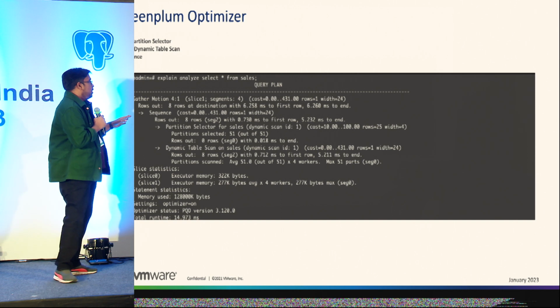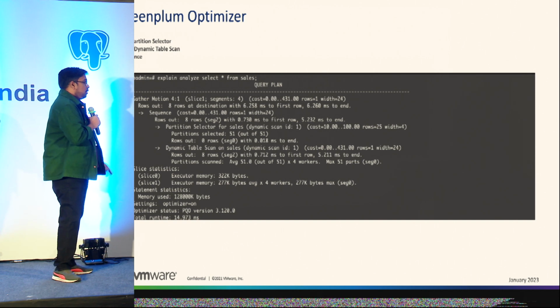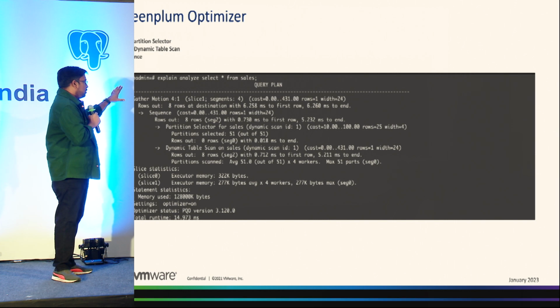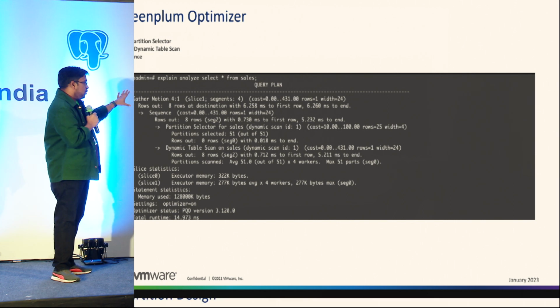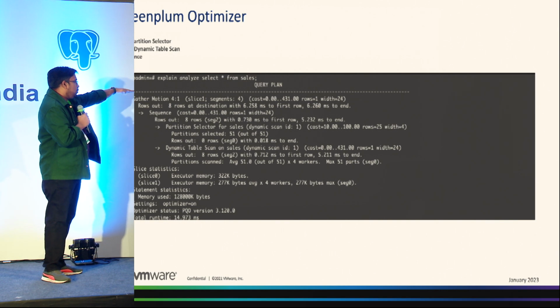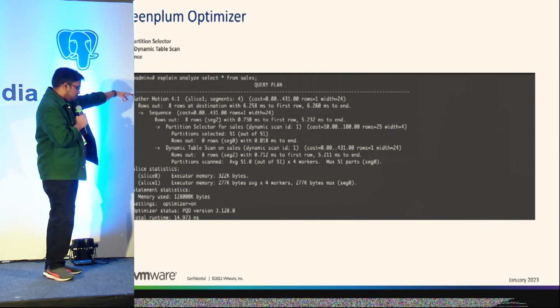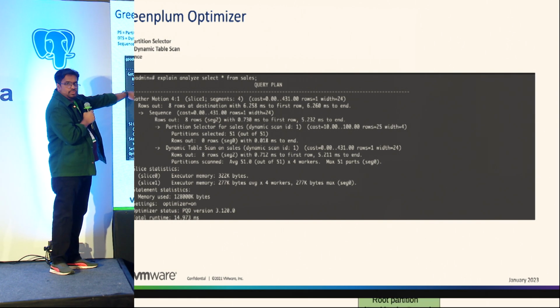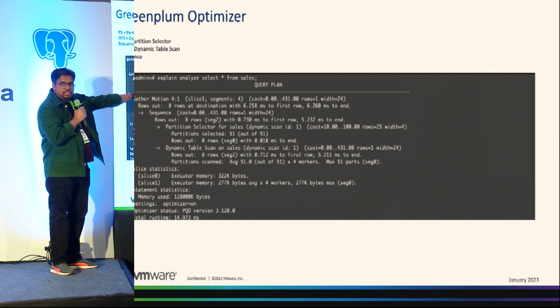When you look at this plan compared to the one that we saw on the planner, it's much more compressed and much more readable. It's a simple operator call for the partition selector. This is the first one that gets called in terms of your partition elimination.